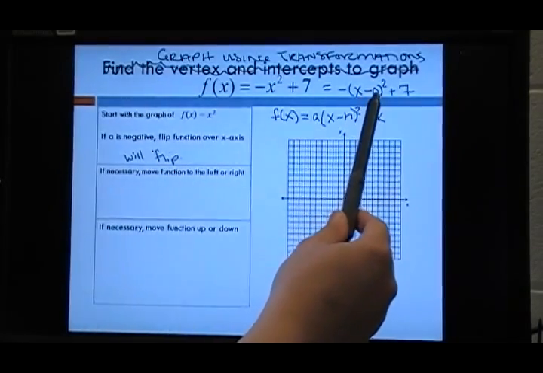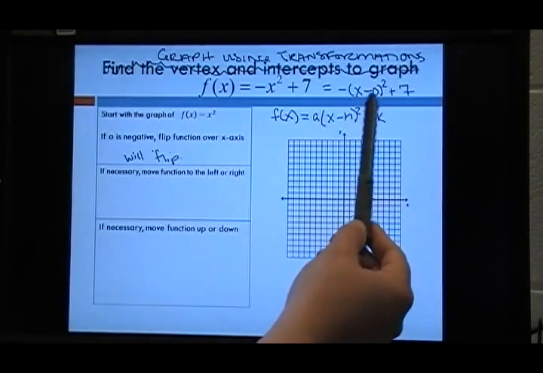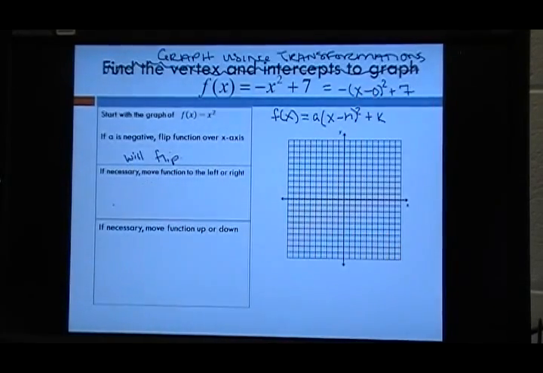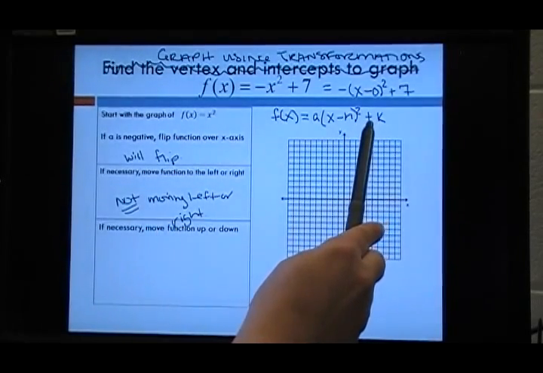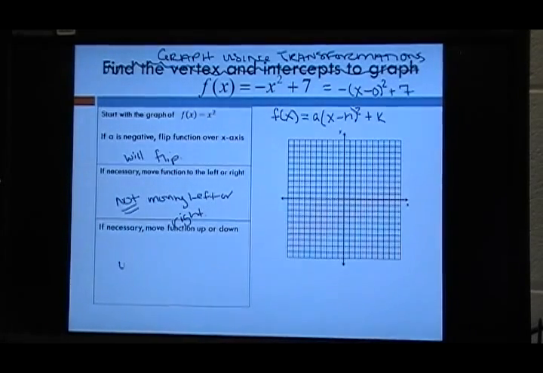So minus 0 or plus 0, either would be the same. We're moving left or right 0. So in this case, we are not moving left or right. And then finally, if we have a value here, we're going to move up or down. In this case, we do have a 7, so we're going to move every point up 7.